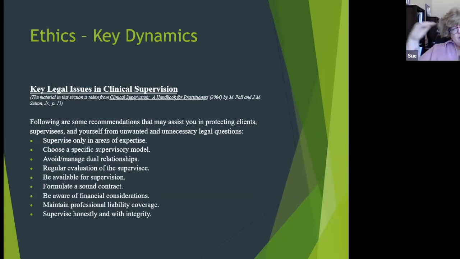You're the clinical supervisor, but if they're also working at a place where they, as an employee, need to get an evaluation, again, be really clear about how those are different and how that plays out in your supervision relationship. So that's also where you talk about your model. Some people, well, I actually write up what my contract with my supervisee looks like.